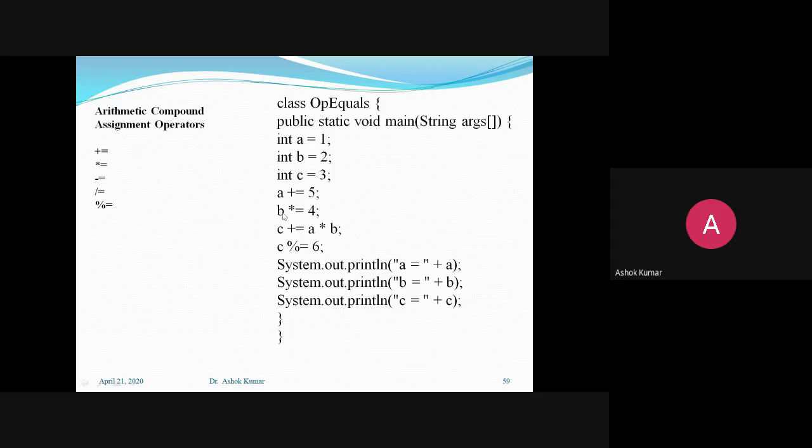Similarly, the next expression is b times is equal to 4. That means it will multiply the existing value of b with 4 and store the result in b itself. The existing value of b is 2, so 2 into 4 is 8. The value of b will change to 8 with this expression.